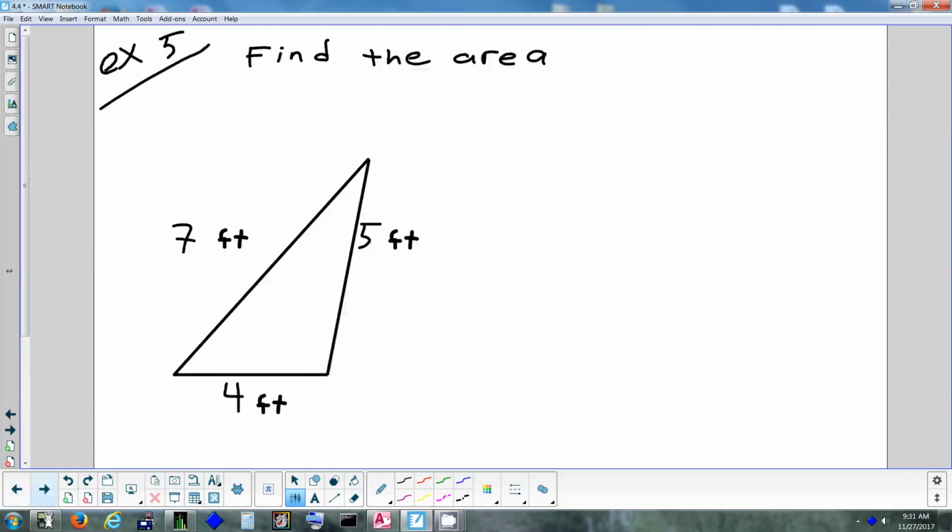Let's do 7, 6, and 3. Now I could just pick any numbers. Does anyone remember what I have to make sure of in a triangle if I want the problem to actually work?